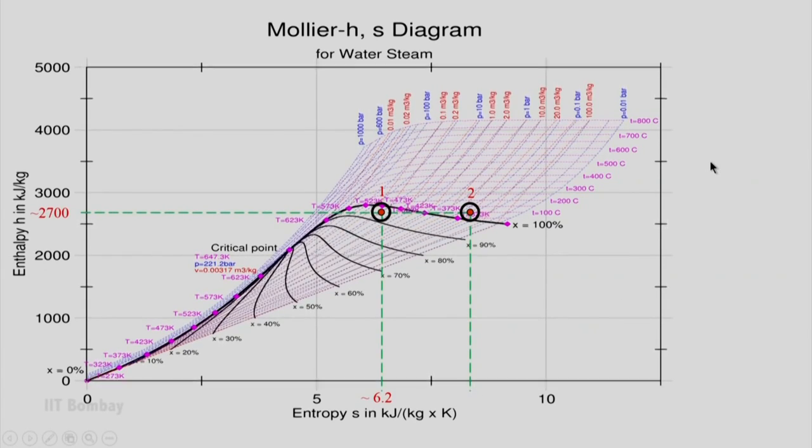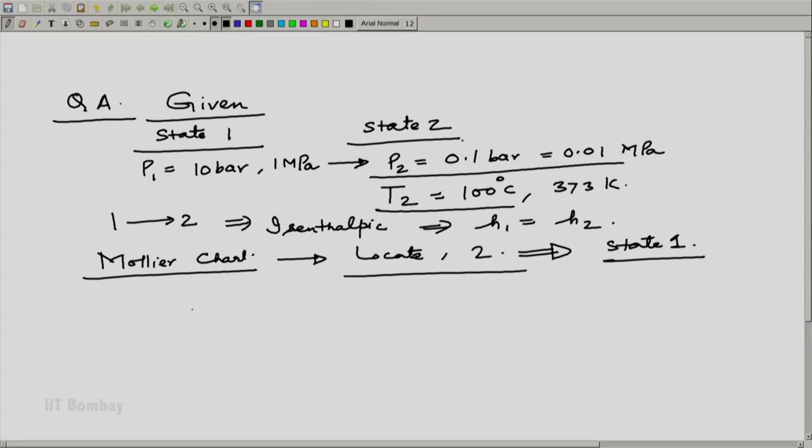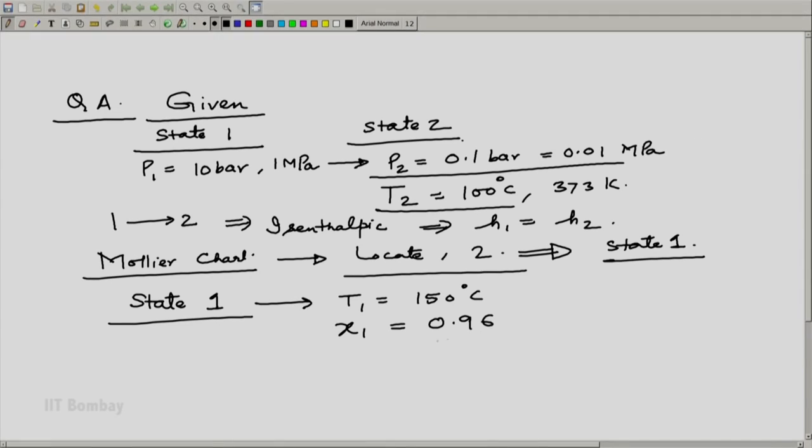I understand from this diagram the data which I got for state 1, which is what the question asked: the temperature T1 is equal to 150 degrees centigrade. The x1, if I do proper interpolation, I can see that it is 0.96. Corresponding enthalpy is 2700, which we have seen from the Mollier chart, and entropy we could see is 6.2 kilojoule per kg Kelvin.